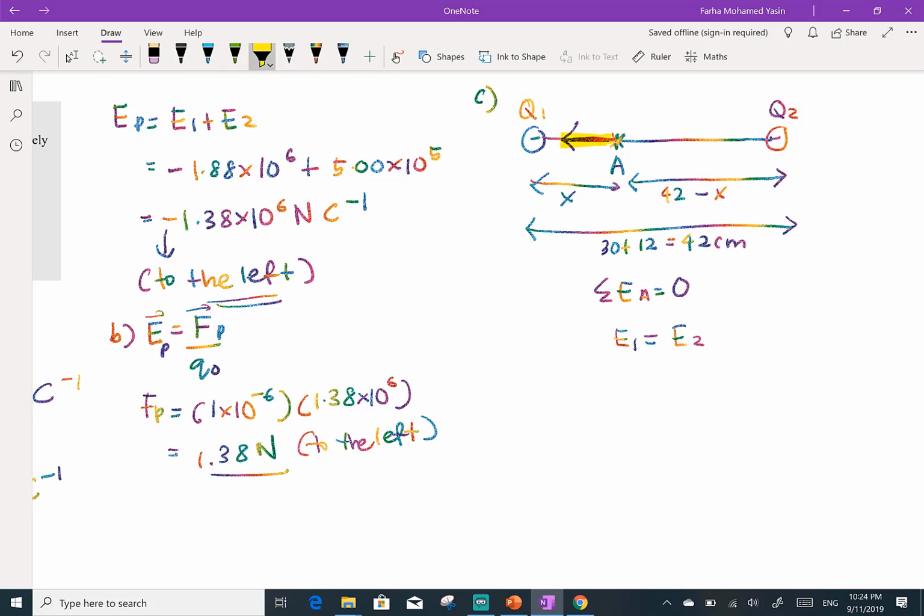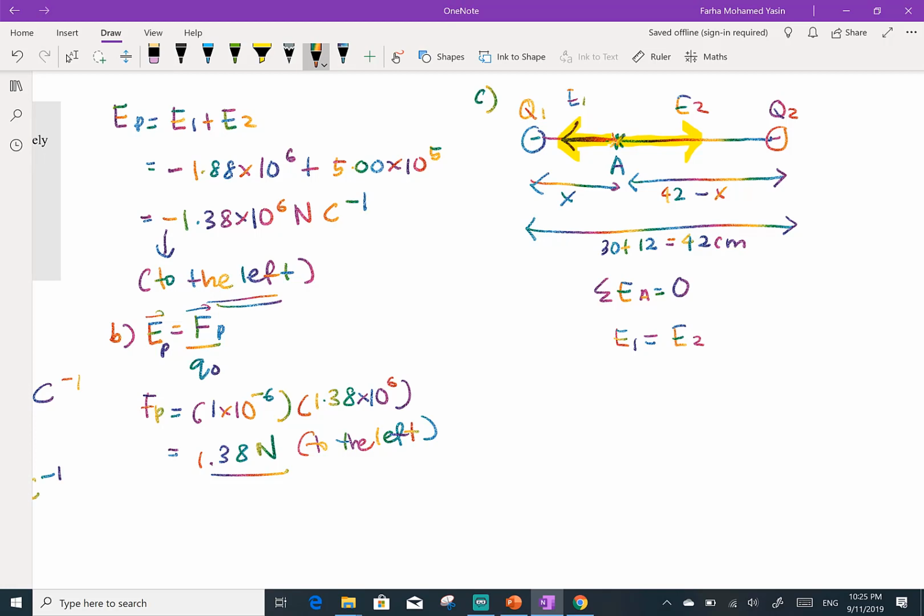Then from Q2, Q2 is negative, jadi pun dia akan inward from the point A. Okay, so kita labelkan E1 dan E2. Okay, so kita dah nampak sekarang E1 is opposite dengan E2. Okay, jadi kemungkinan untuk berlakunya E equals to 0 adalah logik.